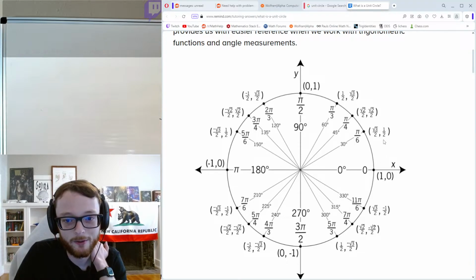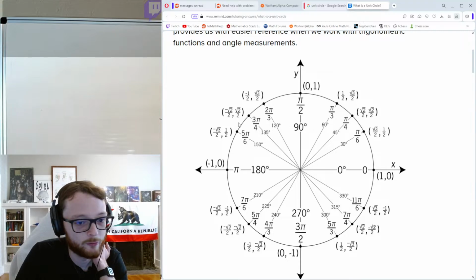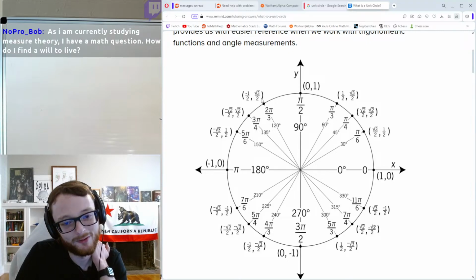So I just have this part memorized, and if you memorize the first quadrant, you can get your way around to the other 3 quadrants by adding, basically, if you want to get from pi over 3, if you need the equivalent pi over 3 angle over here in quadrant 2, you would have to add pi over 3 to it, which I guess is something where I do it very, very visually.